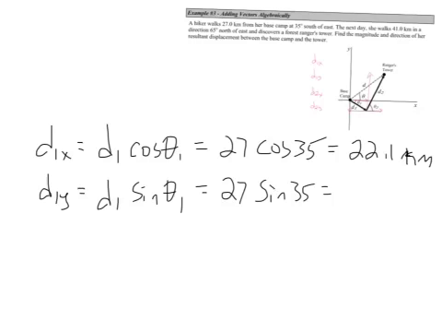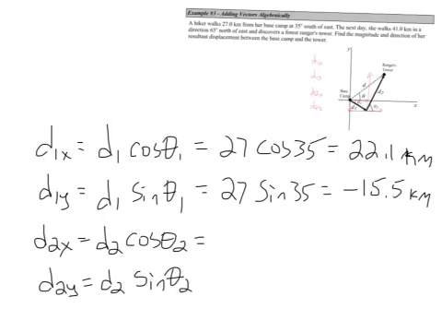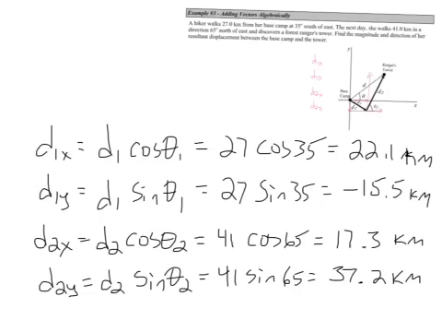But something very important to look at with D1y: it's pointing down, in the negative direction, so we make sure that we report it as a negative displacement, negative 15.5 kilometers. We'll do the same expressions for D2x and D2y, substitute in their values, and here's what we end up with: 17.3 kilometers for D2x, and D2y is 37.2 kilometers.